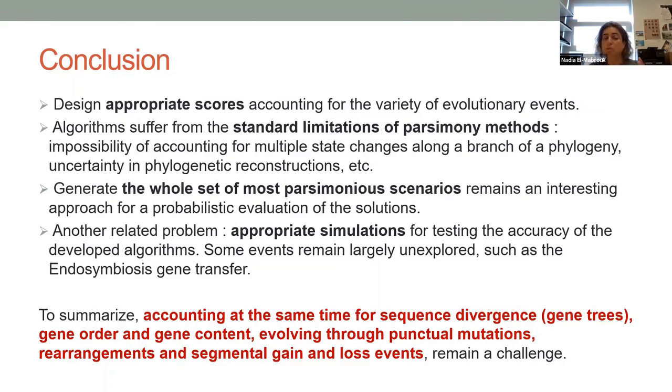To summarize, accounting at the same time for sequence divergence, so gene tree, gene order, gene content, evolving through punctual mutation, rearrangement, and segmental gain and loss events remains a challenge to be able to have a unifying framework for studying the evolution of synteny.